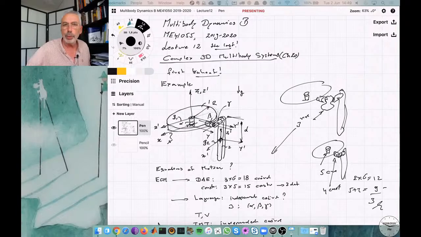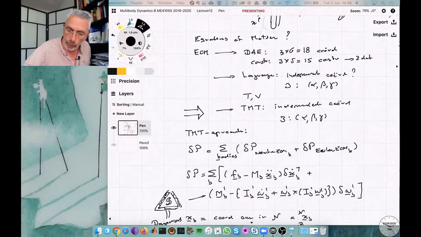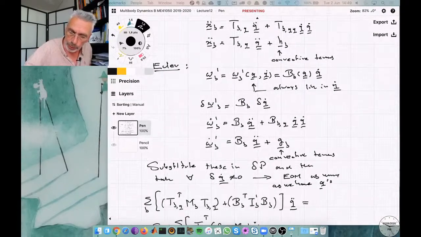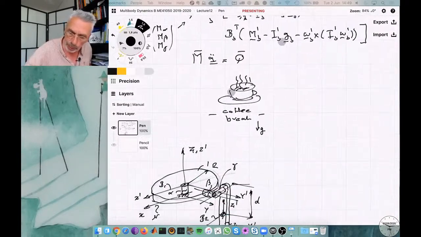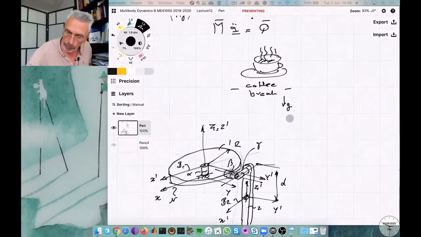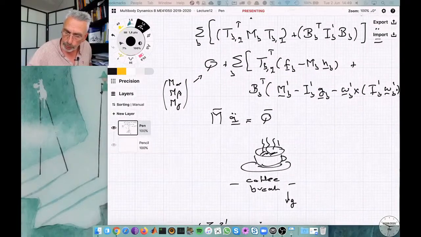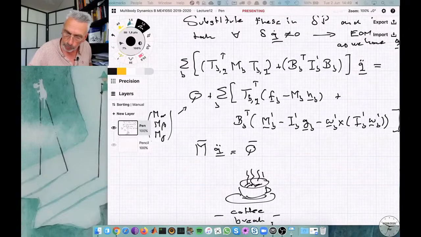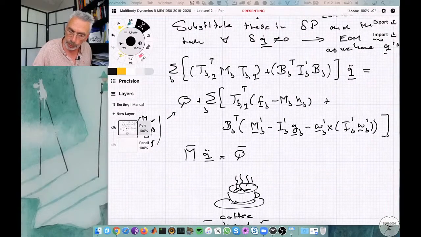This is the approach we usually take in multibody dynamics A, where we work with the Atom software and so on. And this is usually the approach we take in a more analytical way for the DAE. Okay, but we're not doing DAE, we're doing TMT. And then before the break we finished with this beautiful equation of motion, right?